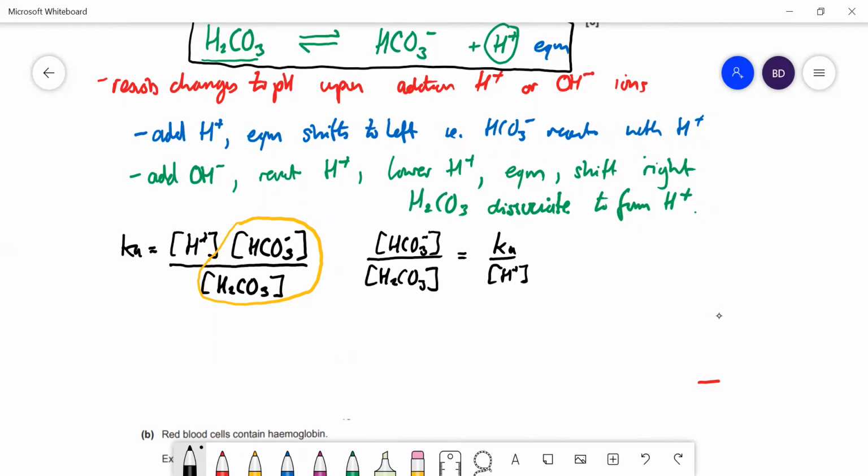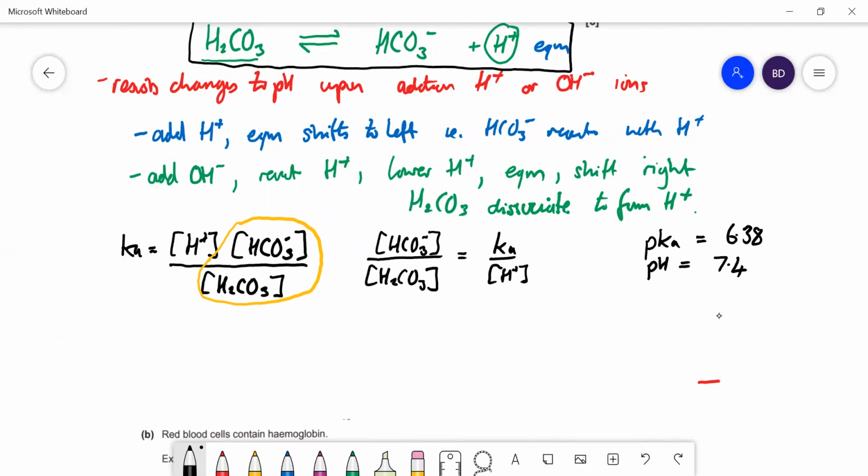Now it told us the pKa of the acid was 6.38, and it gives us the pH of blood, which is 7.4.